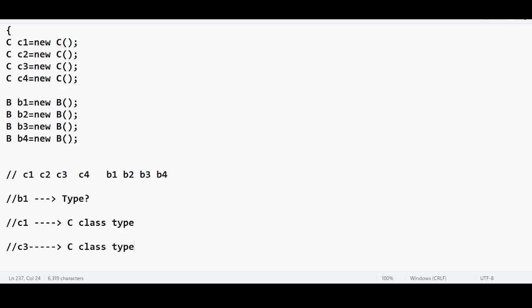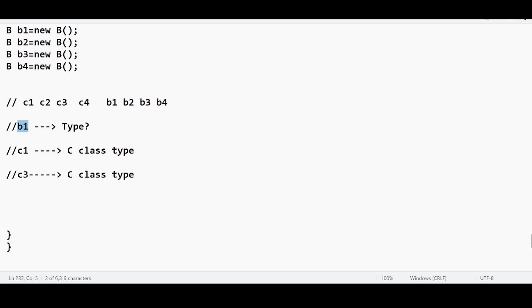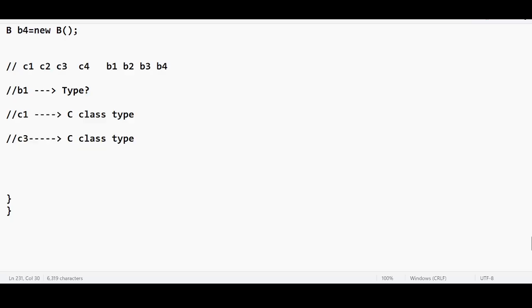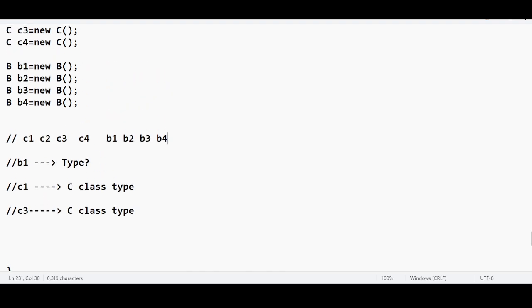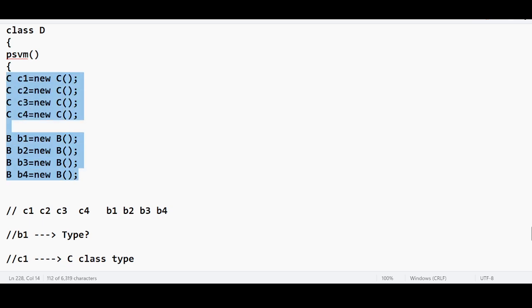At times, we are going to use these reference variables in different parts of the Java code, in different Java files, or within the same method in different lines. Sometimes we get these reference variables at runtime. In the runtime, we have to deal with these kinds of reference variables, and you won't have the option to look at this code.